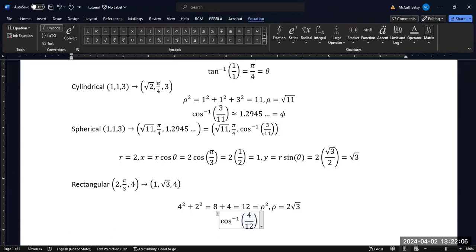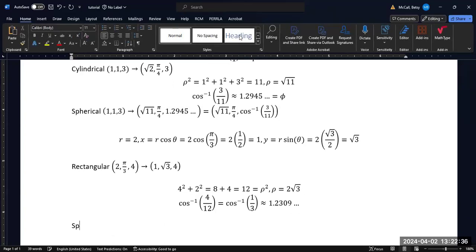So we're going to get inverse cosine of 1/3, which is again also not a standard angle. But again, the more that you do these, the harder it is to get exact angles to work out. So approximately 1.2309 and change.